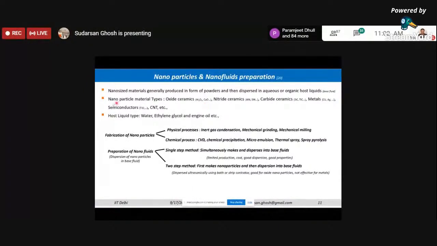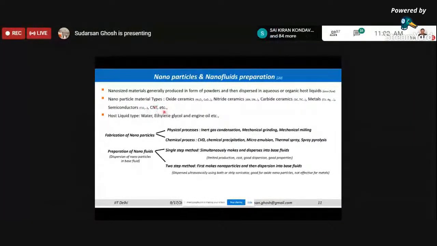The nanoparticles can be broadly subdivided into categories like oxide particles, such as aluminum oxide and copper oxide. You have the nitride ceramics, aluminum nitride, silicon nitride. You have the carbide ceramics, silicon carbide, titanium carbide, and you have the metals, which are basically copper and silver, and then the semiconductors. Of course, you have the carbon nanotubes, which can also be used.